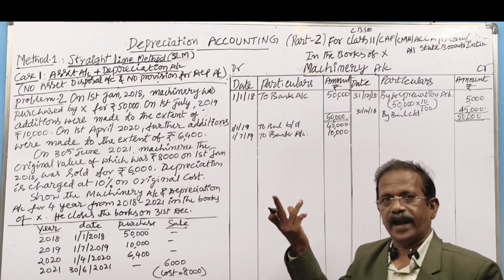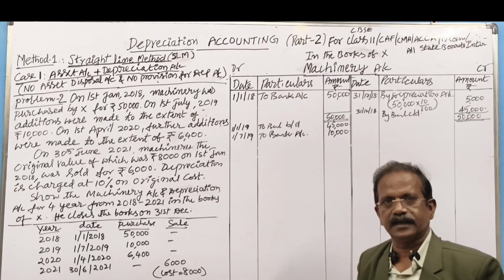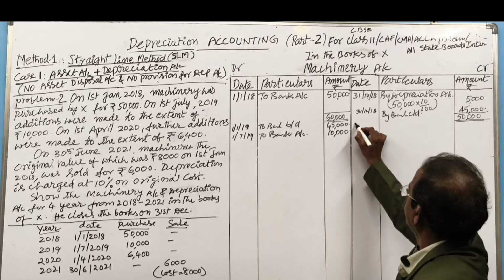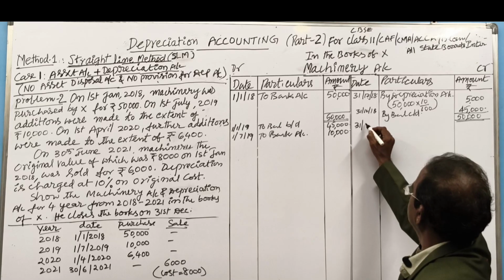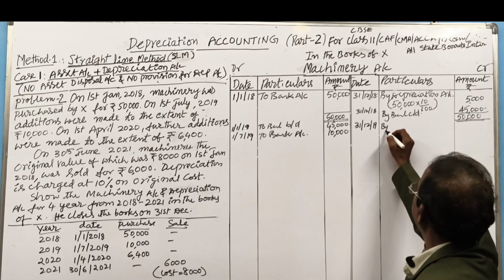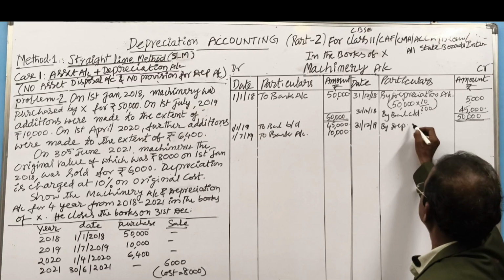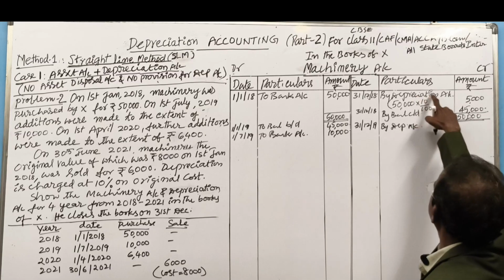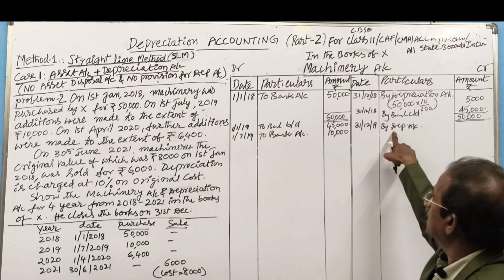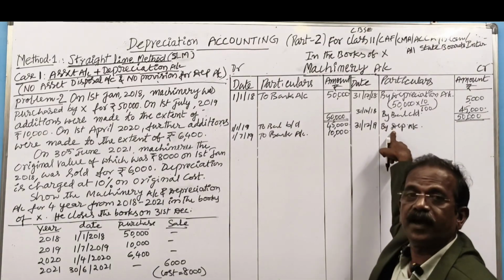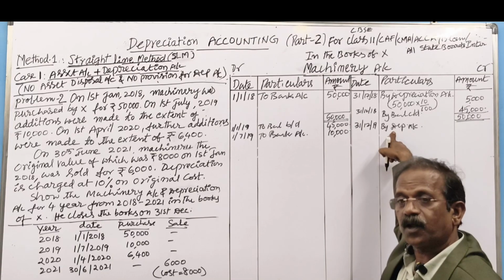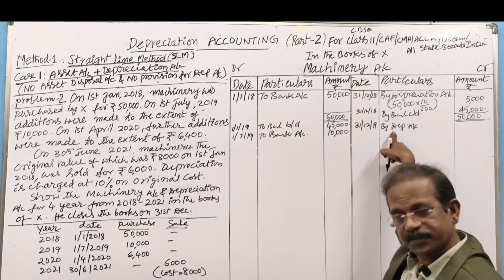Then you have to go to the end of the year, again calculate the depreciation. Put it on the credit side. Date is end of the year, 31/12/19. By depreciation account, you should write. But how many machines are there at the end of the year you have to see, and which machine is used for how many months also you have to see.